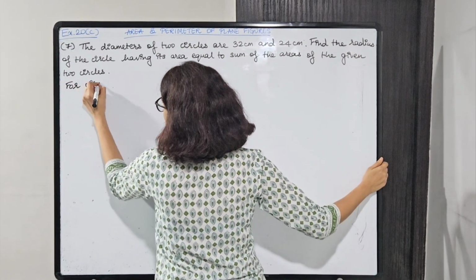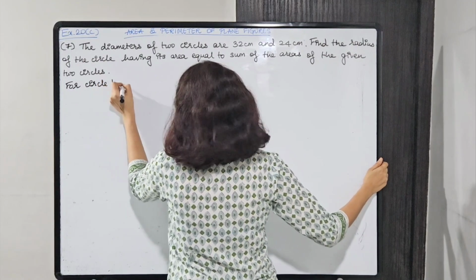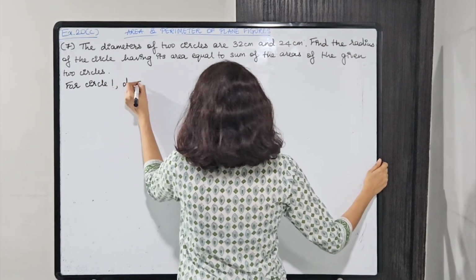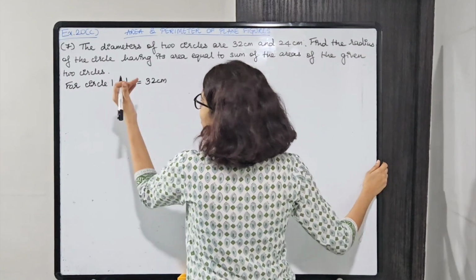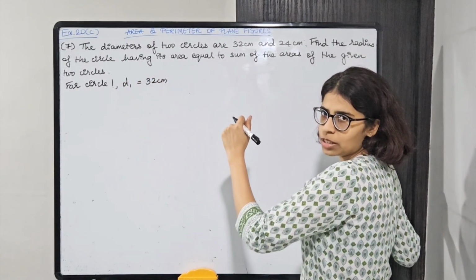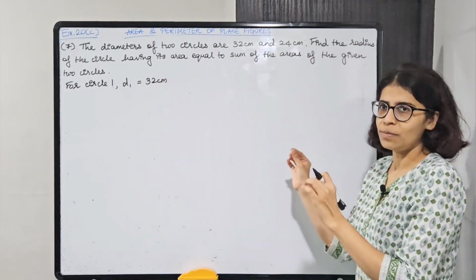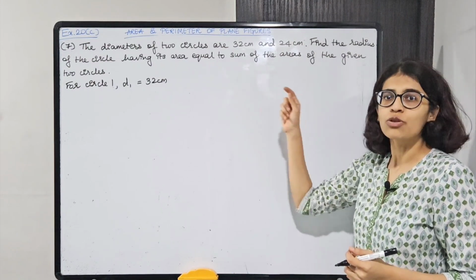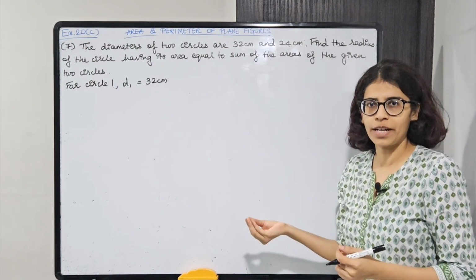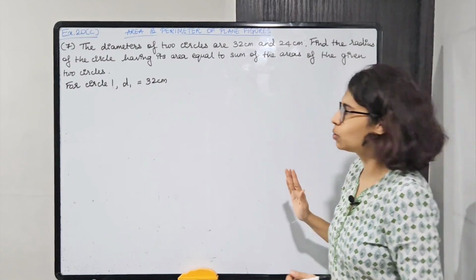For circle 1, diameter D1 will be 32 centimeter. Diameter is given, let's find out the radius because radius will be required. Here we are given the condition of area. So area is pi r squared, so let's find out the radius.